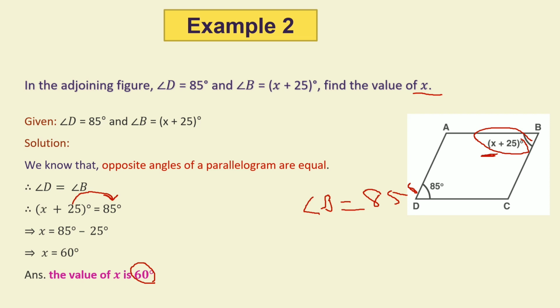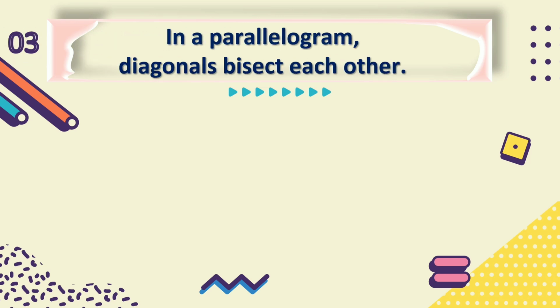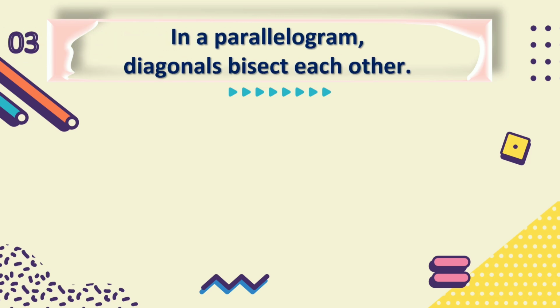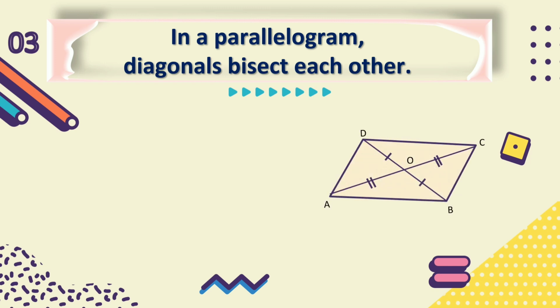Let us move ahead. So now the two properties are done. The first property was opposite sides of a parallelogram are congruent, and the second property was opposite angles of a parallelogram are congruent. So the third property of a parallelogram is, in a parallelogram, diagonals bisect each other. Okay, so let us consider ABCD as a parallelogram.